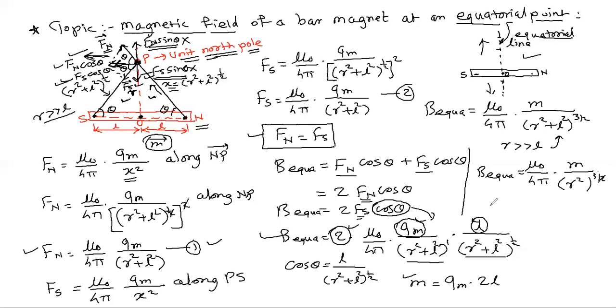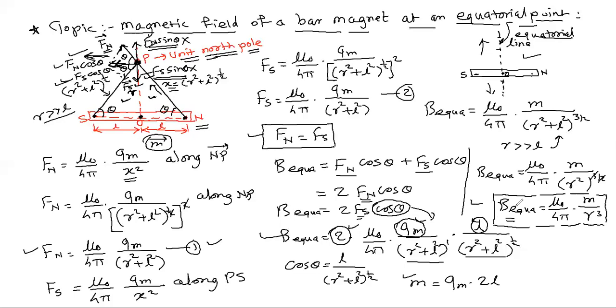Cancel this 2 here. So B equatorial is equal to mu 0 upon 4 pi into M upon R cube. And already I told you about the direction. The direction is opposite to the direction of the dipole moment. So dear student, we got this final relation of the magnetic field of a bar magnet at an equatorial point, which is given by mu 0 upon 4 pi M upon R cube.